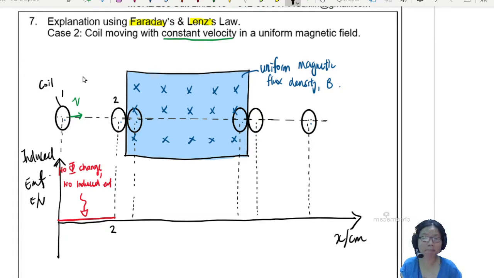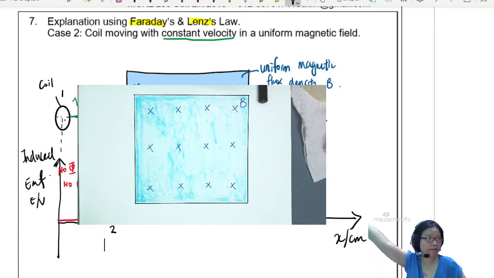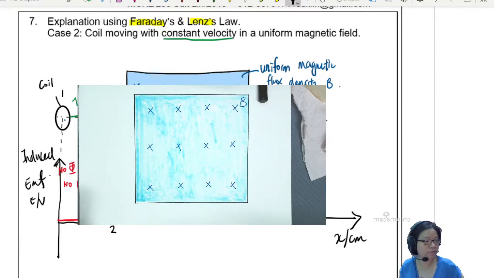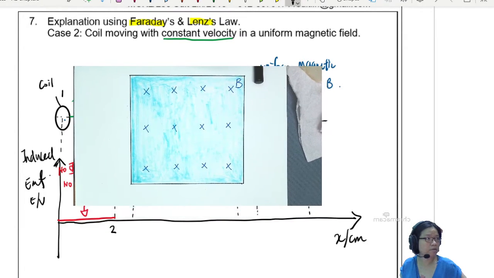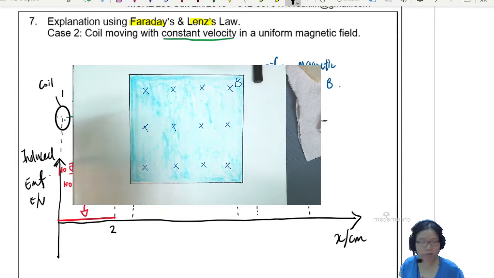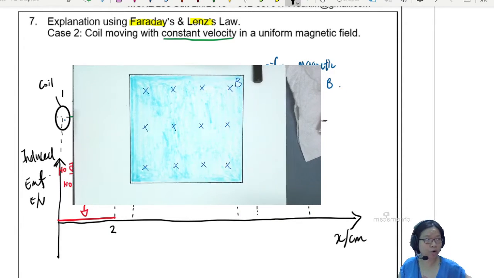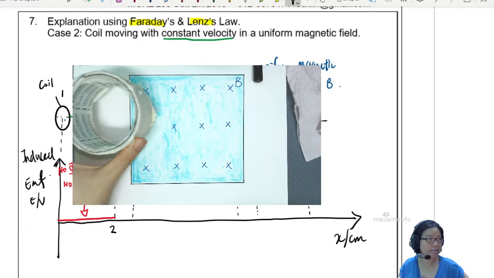Now what happens when the coil transitions into the blue area of uniform magnetic flux density? Let's see. Bring in the table camera. This is my table camera. To make this visual easier to understand, I'm going to make the diagram a little bit bigger. Imagine we have this coil from the outside, and it's now going to enter.